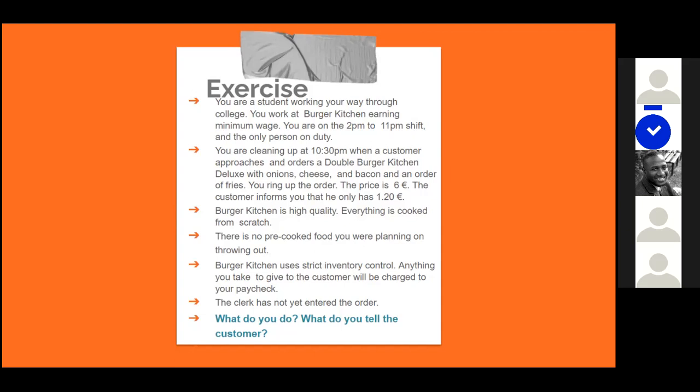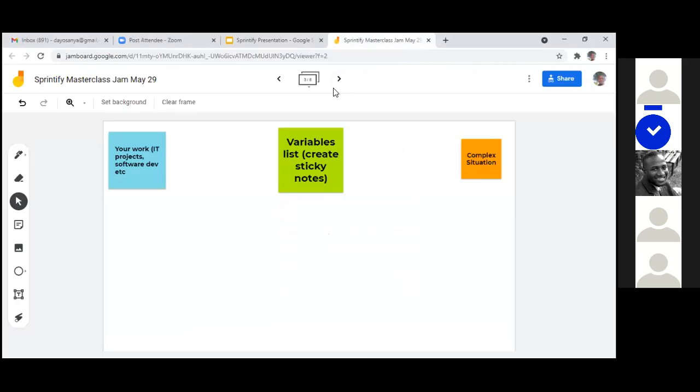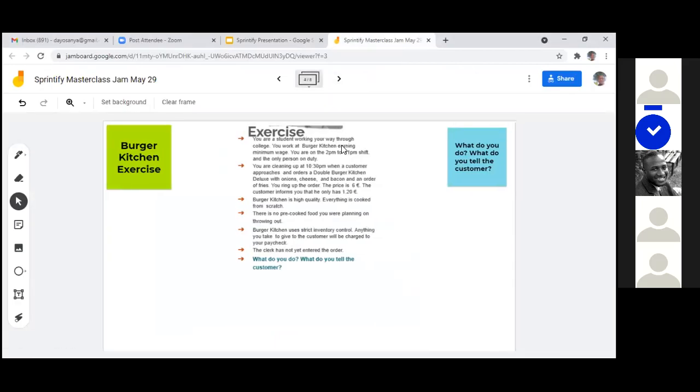Can we go to the Jamboard to do this? So what do we think, guys? The price is 6 euros.